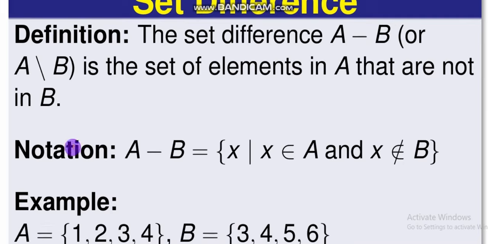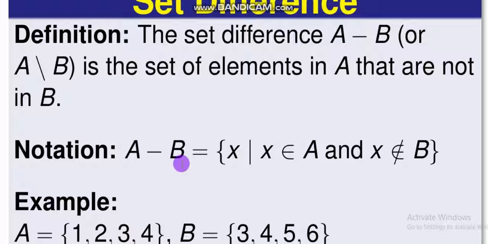So in set builder notation, we can say the set difference A minus B is a set of all x such that, remember, you can also put, instead of this line, a colon, and it's the same thing.